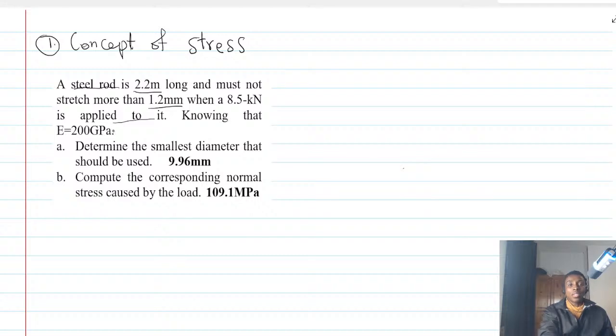Is that right? So how do I solve this problem? This problem is actually axial loading.